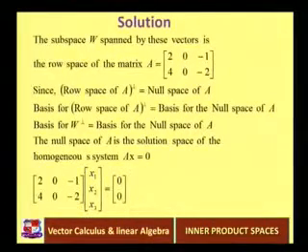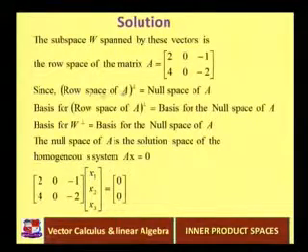The subspace W is spanned by the vectors, so it is the row space of the matrix A. The matrix A is defined by taking those two vectors (2, 0, -1) and (4, 0, -2) as its row vectors, and we want to find the basis for the orthogonal complement of this.